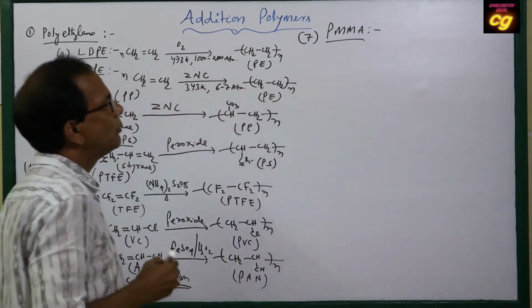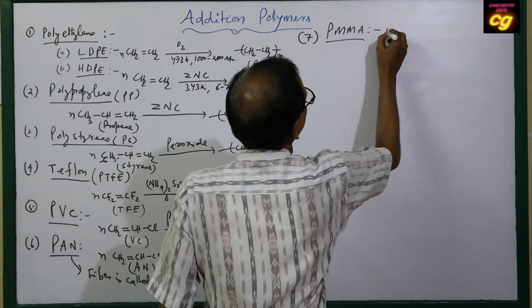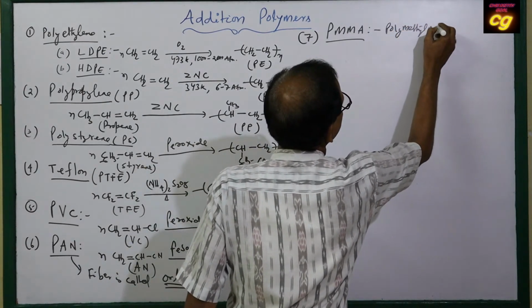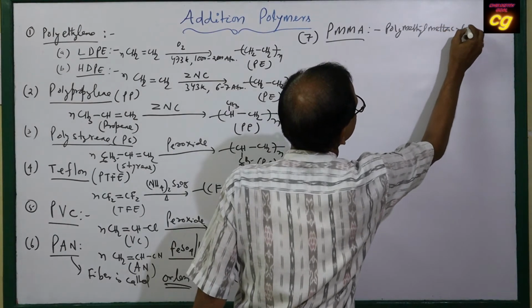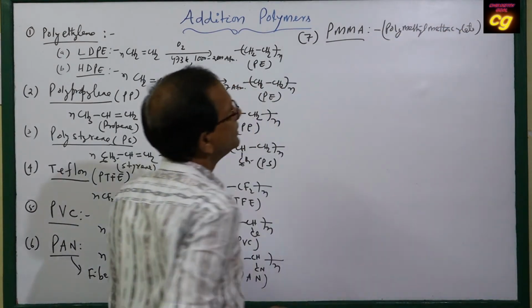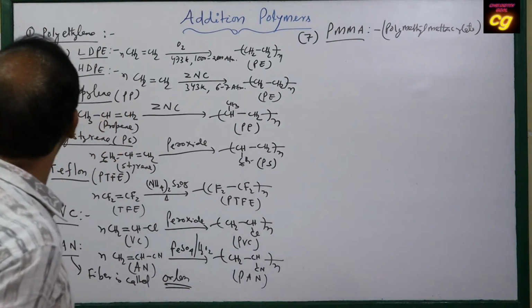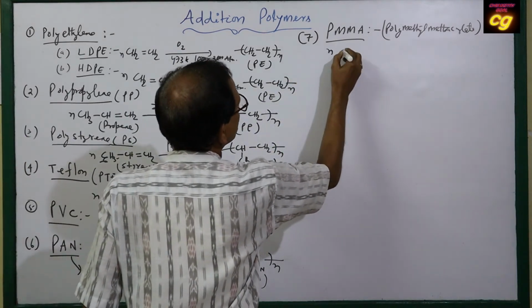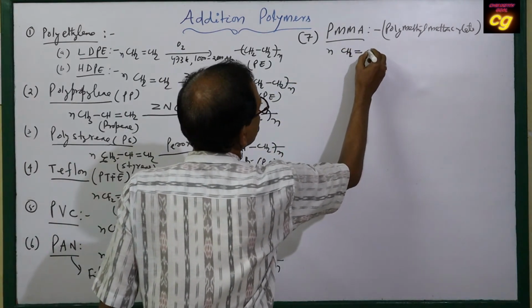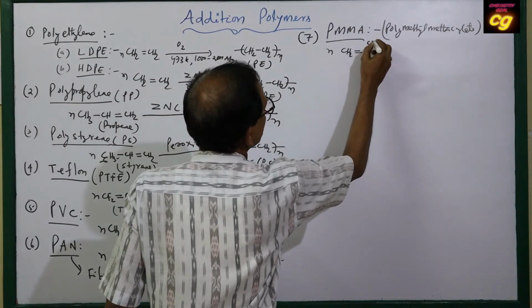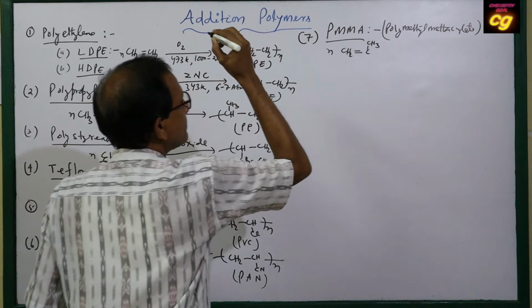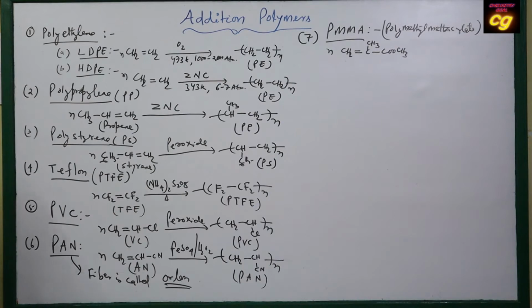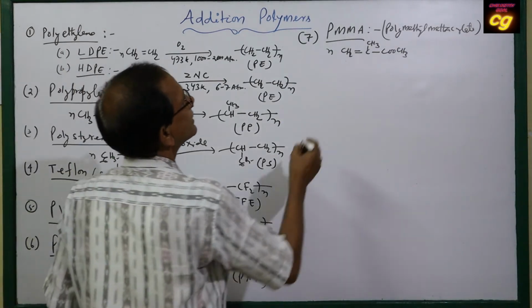Here, if you see, the structure is similar to PAN: n molecules of CH2 double bond C, then CH3, then COOCH3. Clear? This is called methyl methacrylate.